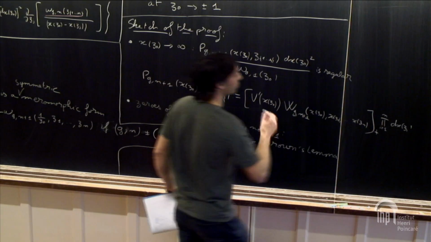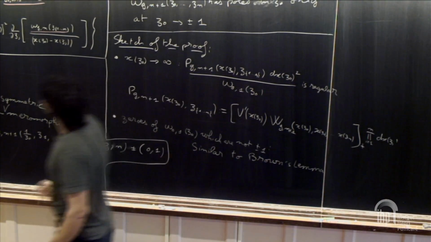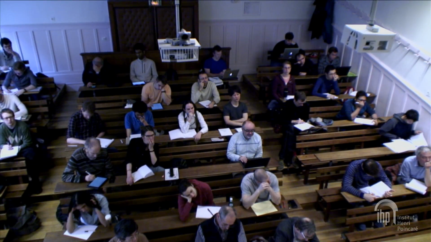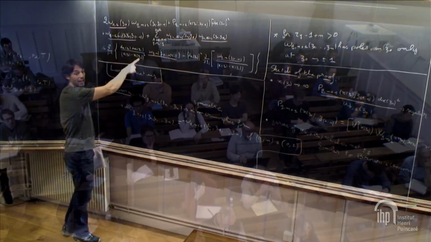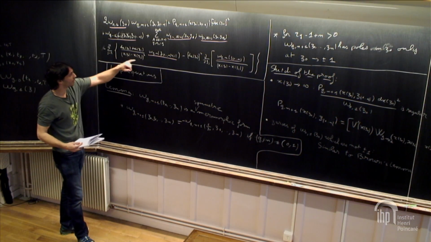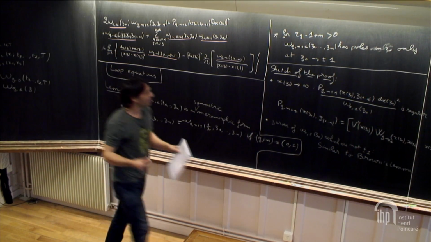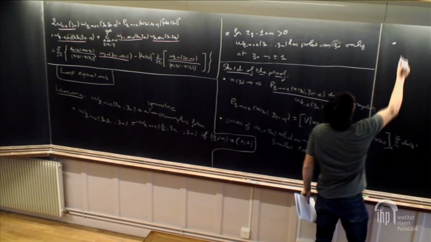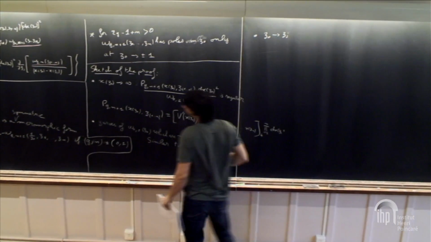Now, what else can happen? Here I've got some denominators, which are x of z0 minus x of zj. So I can have a pole when x of z0 goes to x of zj. This corresponds to two possibilities. First, z0 goes to zj.